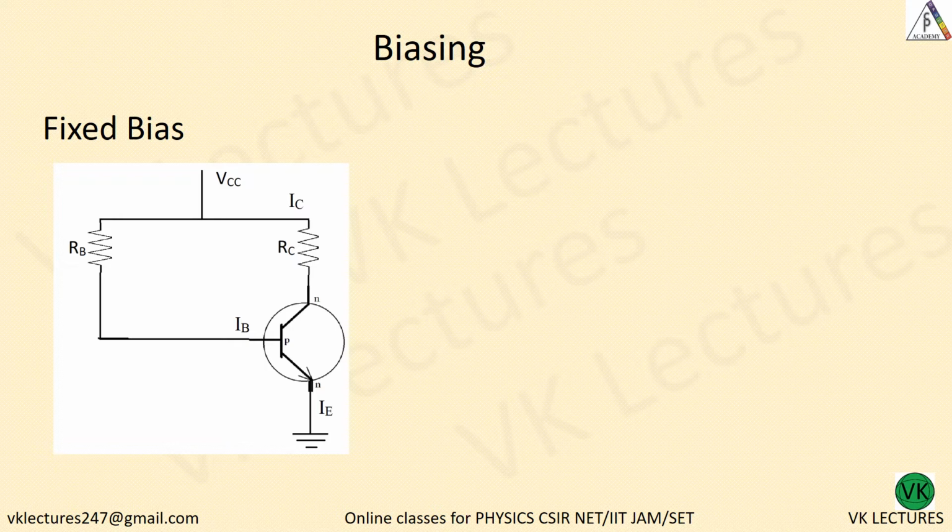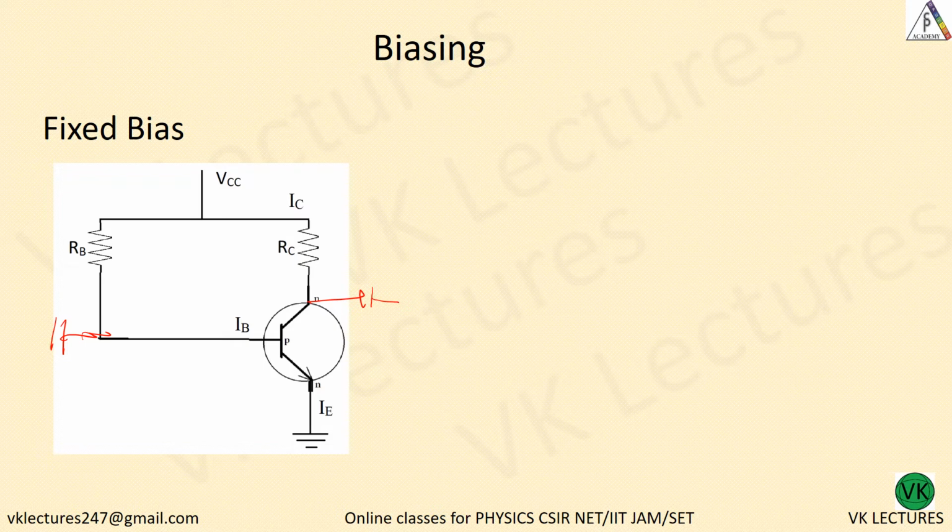Sometimes here you may see capacitors, but you can neglect these capacitors when you are dealing with DC. Now let us apply KVL to the input. What is the input?